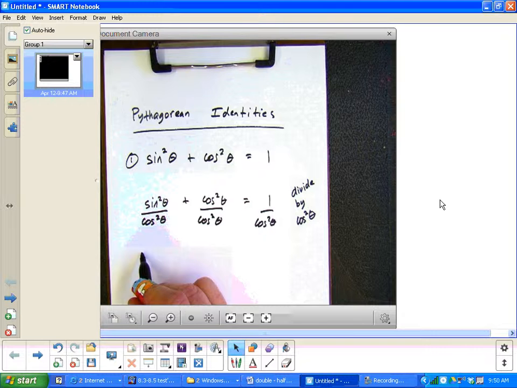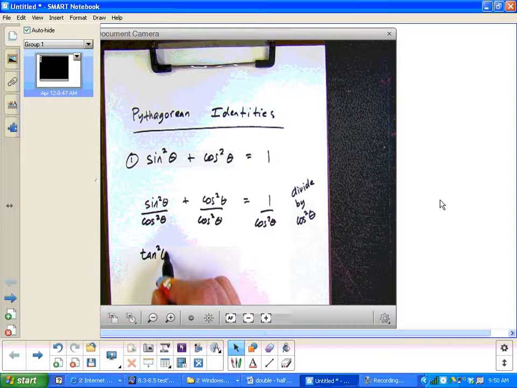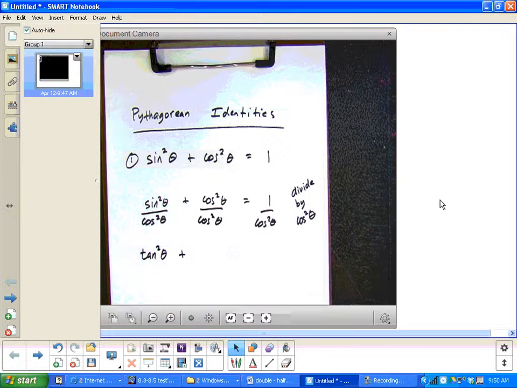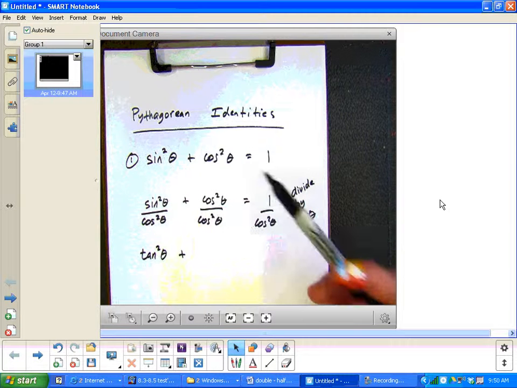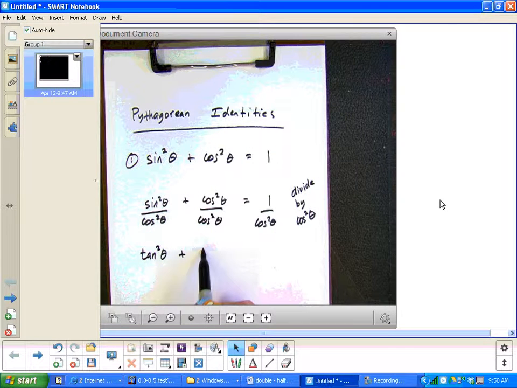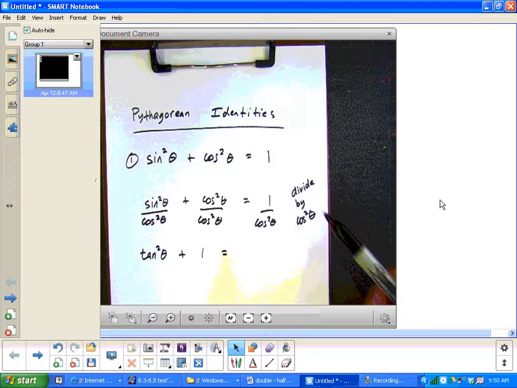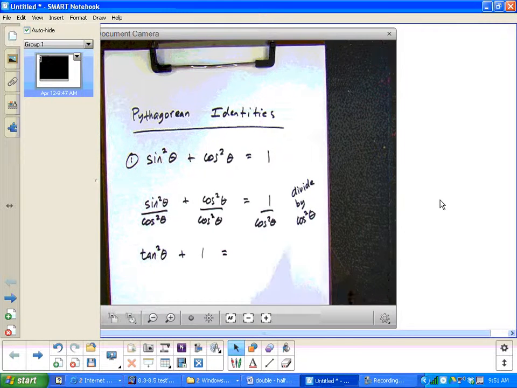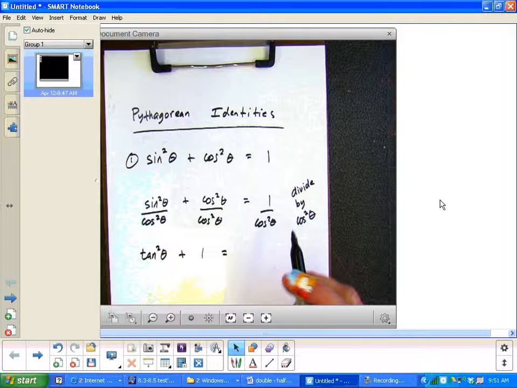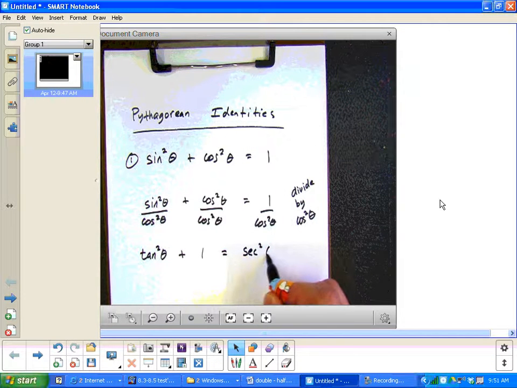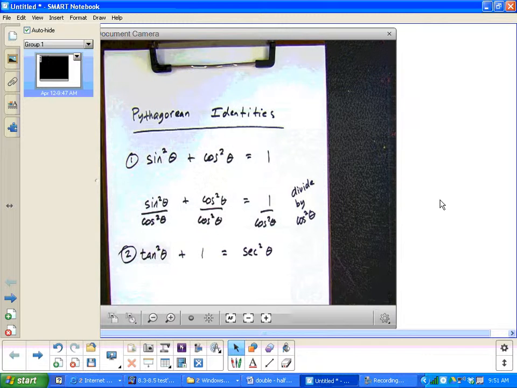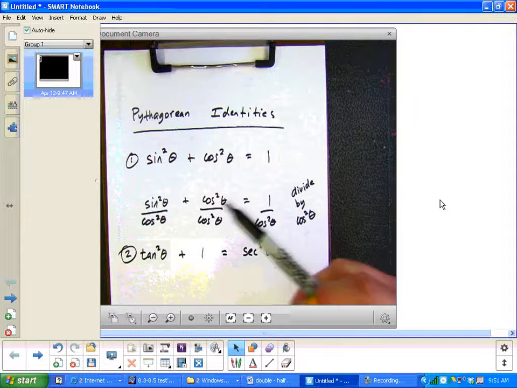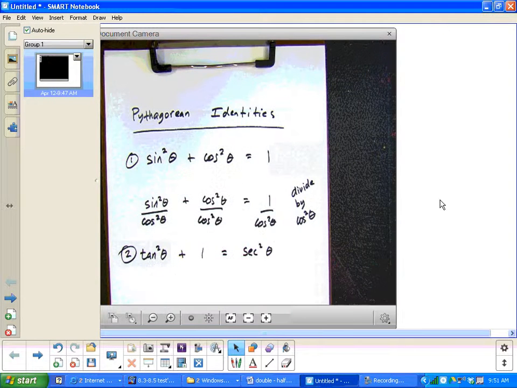So we get tangent squared theta plus 1, because something over itself is 1. And now, what's 1 over cosine? Secant. But 1 over cosine squared would make it secant squared. That's your second one, and I never remember this one. I can't remember it for nothing. So I always just have to derive that second one.